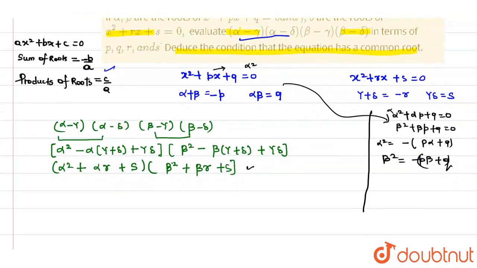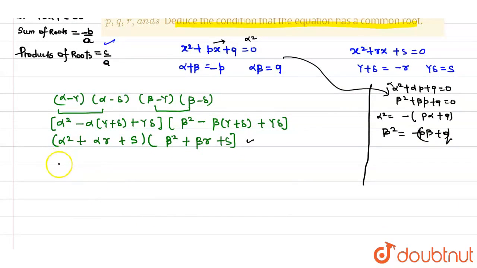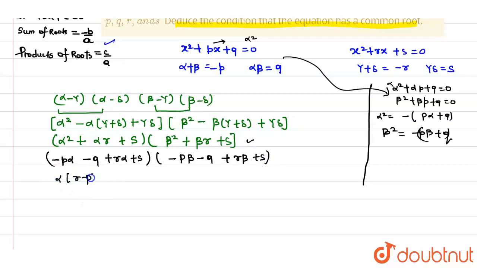Now I'm putting these two values over here. So it is minus p alpha minus q plus r alpha plus s, times minus p beta minus q plus r beta plus s. Right, I take the value of alpha common, r minus p plus s minus q. Same will be here.